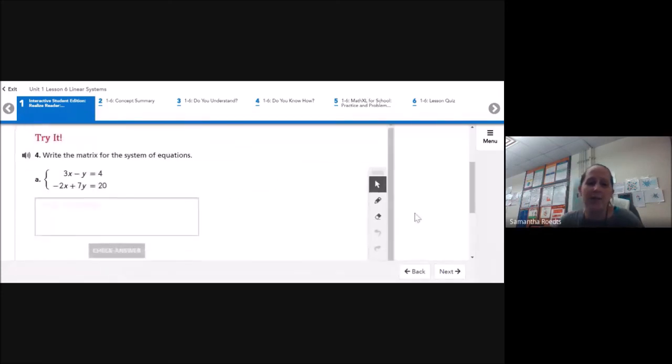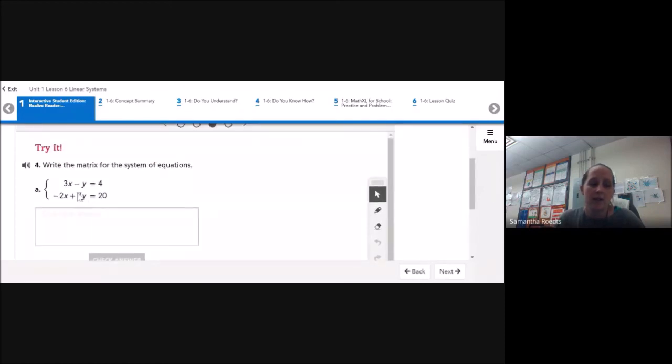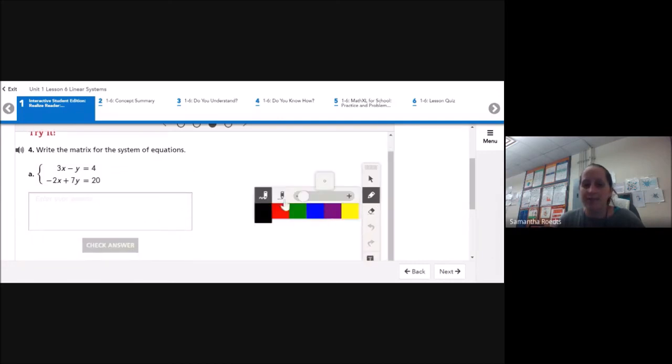The first one I have is 3x minus y equals 4 and negative 2x plus 7y equals 20. Okay, so here's my matrix.